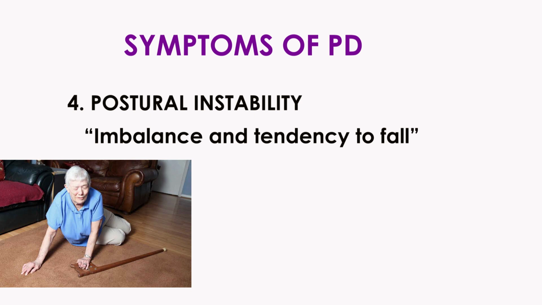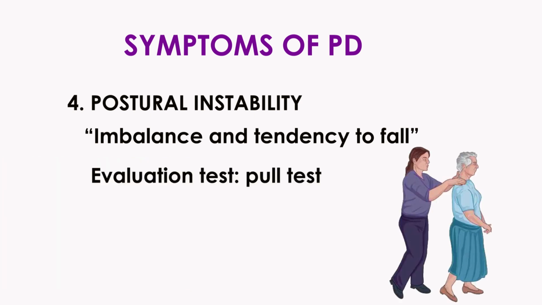To evaluate this, we use the pull test, in which the examiner stands behind the patient and moderately pulls his or her shoulders. The patient's ability to maintain balance is then evaluated. But in doing this, you have to observe the safety of the patient.